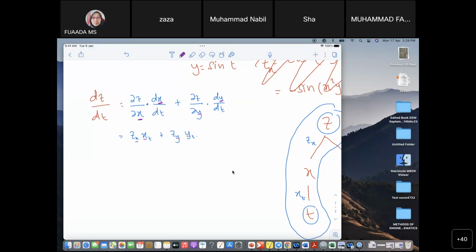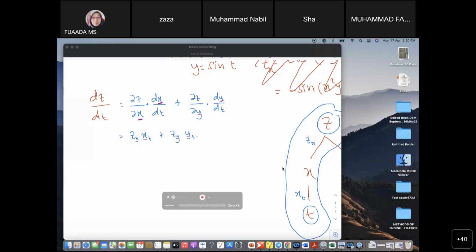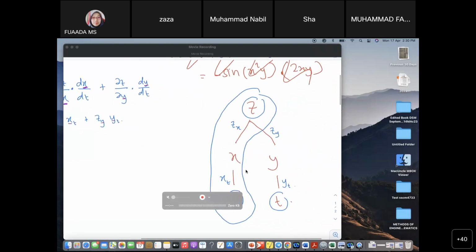What do you think? Kenapa sometimes saya guna D, sometimes saya guna del? Salah ke betul tu saya tulis? Del untuk two variable, D untuk one variable. Ya, betul. Thank you. So, kalau you tengok dekat chain ni tadi, daripada Z ke X, I'm using del.